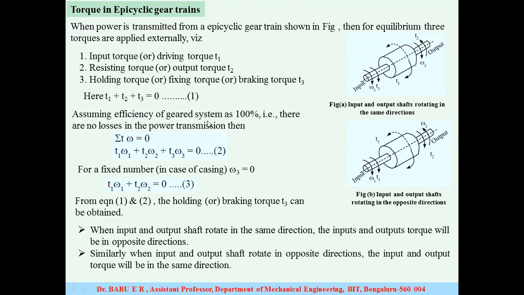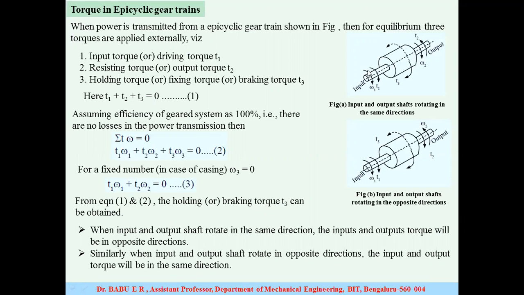Assuming efficiency of the gear system as 100%, that is, there are no losses in power transmission, then the summation of T into omega is equal to 0. We have three torques, so T1 into omega 1.